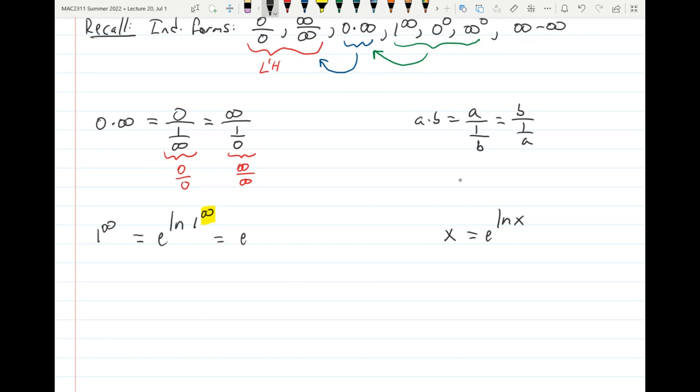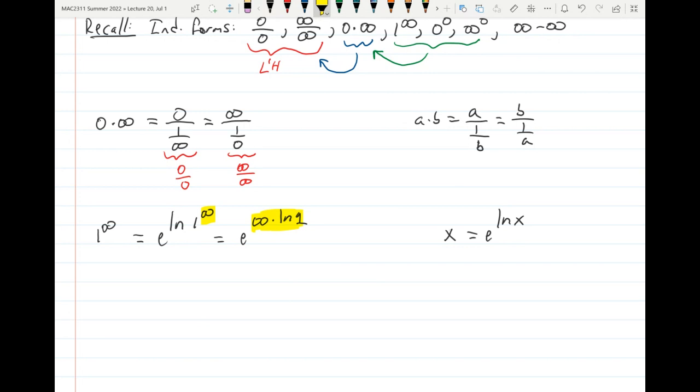So this now becomes e to the infinity times ln of 1. And remember that the exponential e is a continuous function. So when you are calculating this limit, you pass it through, and the question is really about the limit in the exponent. The answer would be e to the power of whatever that limit is.